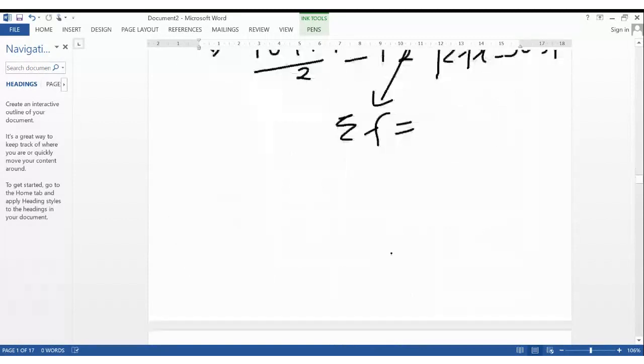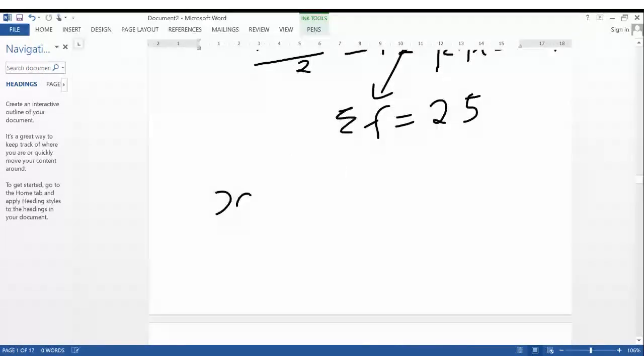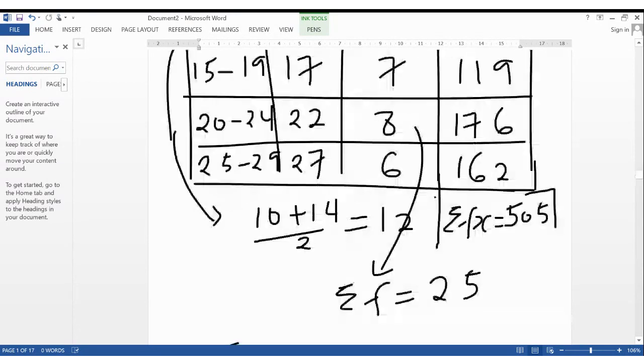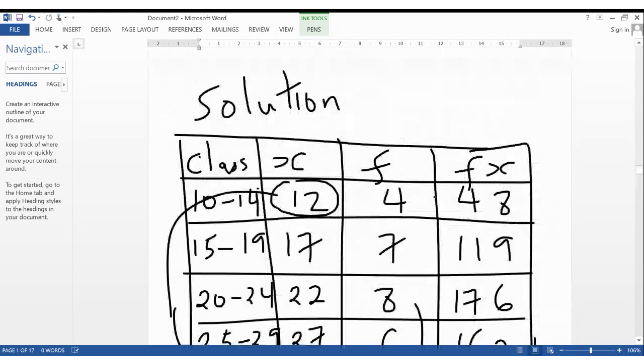So x bar will be given by 545 divided by 25, which I'm getting as 20.2. So on the mean, the hardest thing is maybe how to get our x. But if you're able to get the x by dividing to get 12, 17, 22, and 27, you are okay.